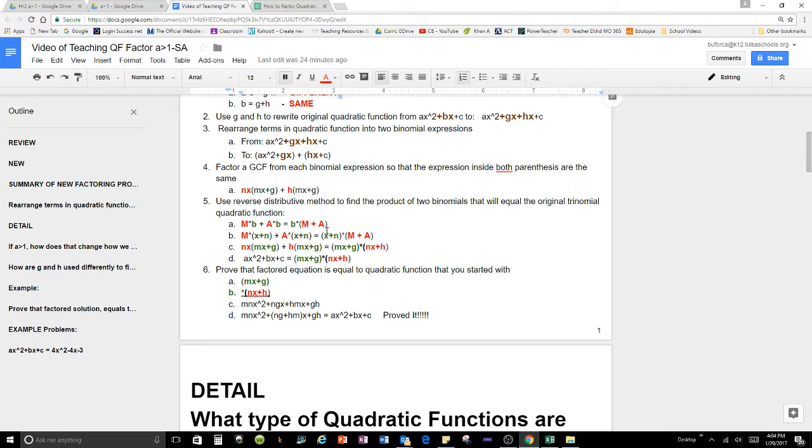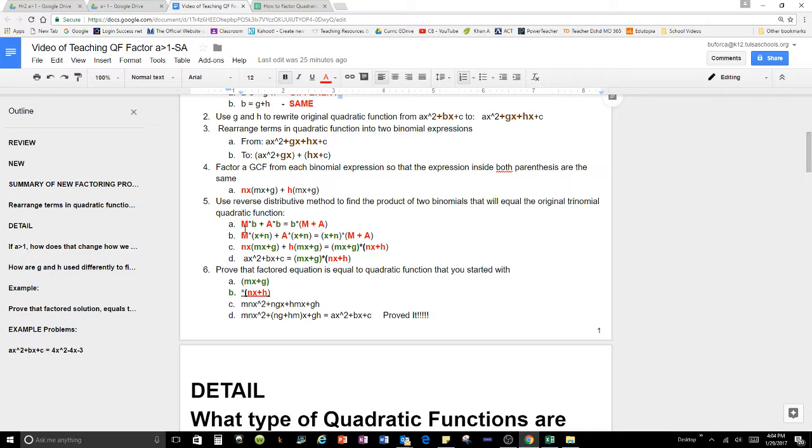I know I've left you a little confused right now, and you should be, because when I put in symbols here, it's hard to follow along. Okay, but just bear with me, and when we get to the numbers, you'll see. So here in 5, we're going to use the reverse distributive method to show you how we're going to get our solution.